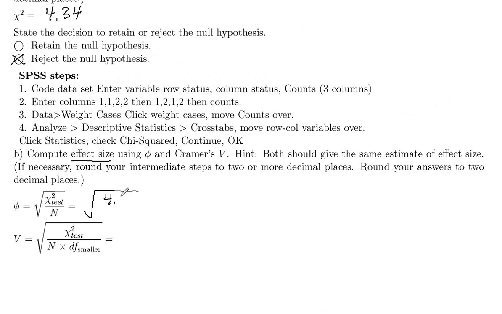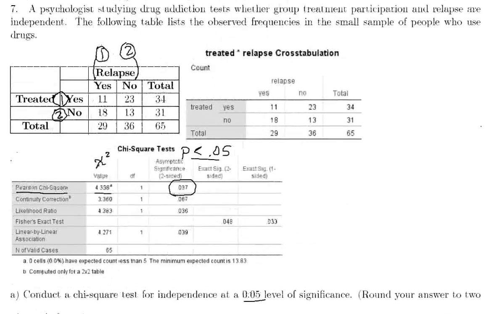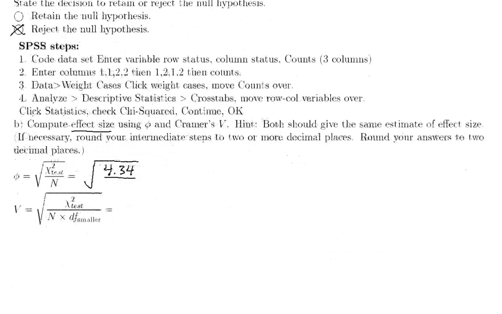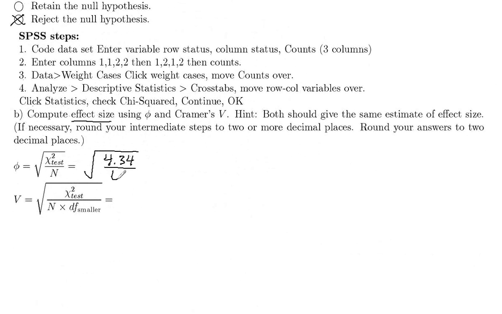And we don't square the 4.34, because that is chi-squared; the square is part of the value. And then n was our total of all cases, which is right here, 65. So we divide by 65. And then if you plug that into the calculator and round to 2 decimal places, because they want 2 decimal places here, that's 0.26. And so that's phi.